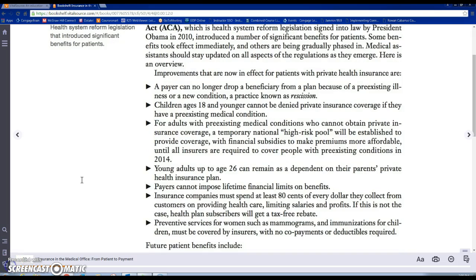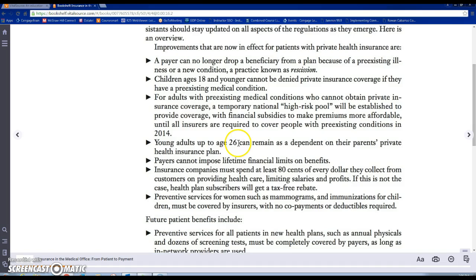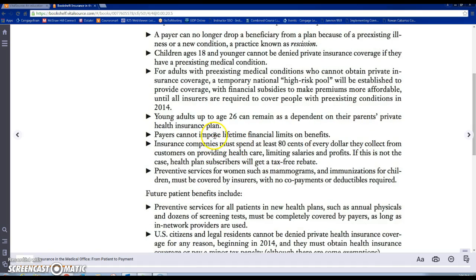that's provided. There are some really nice parts to this act, and a lot of it has to deal with pre-existing conditions. They can't drop you anymore for pre-existing. Now, children can be carried up to 26 years of age instead of just 18. They can't impose lifetime benefits limits anymore. And preventative services.